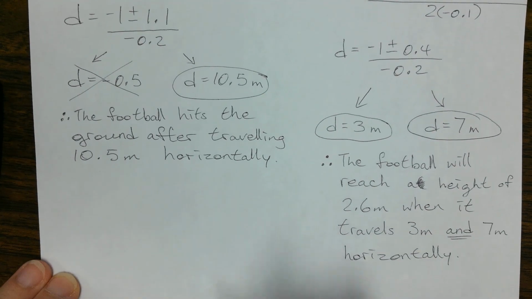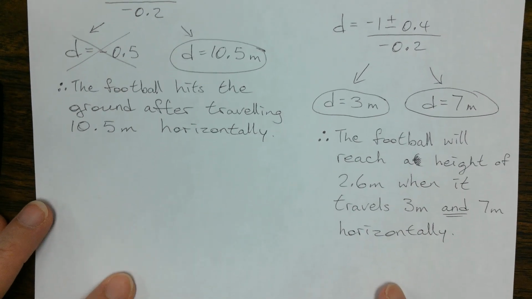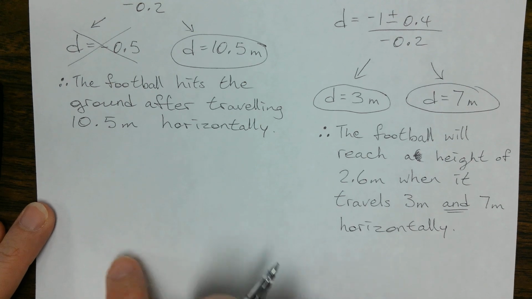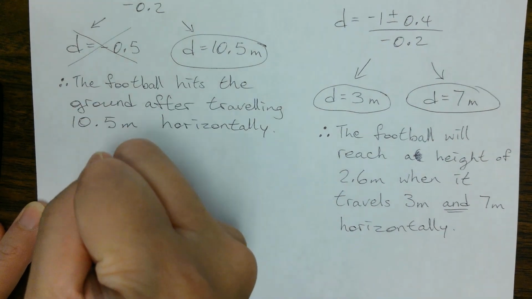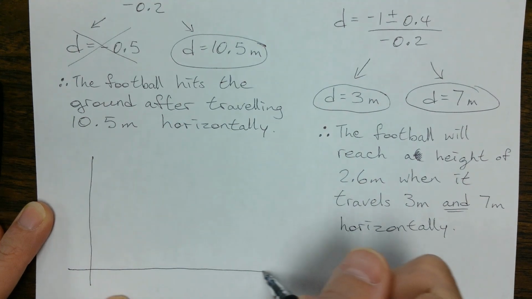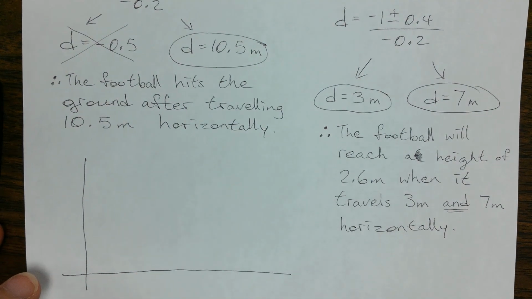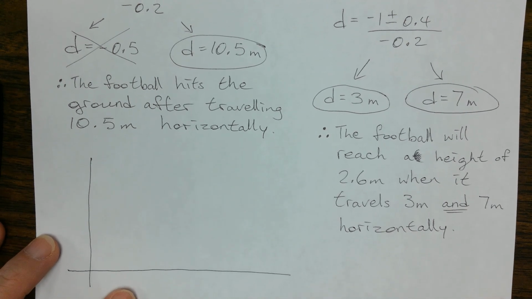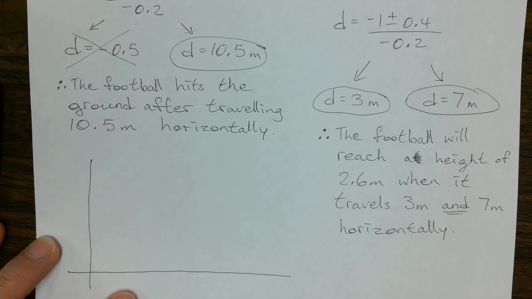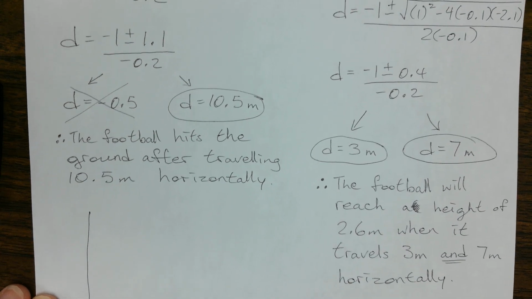Okay. And if I were to ask you to do a sketch of the path of the ball, you should be able to tell me some key info right here. Okay. So looking at the overall equation, where did I start?